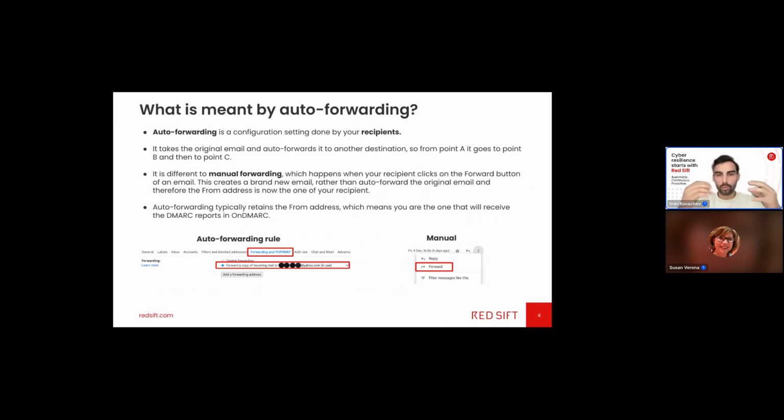This rule automatically picks up the original email that you receive and forwards it to another destination. That doesn't create a brand new message. It simply auto forwards the original one, and it retains the from address of the original email on its way to the final destination. This is really where the difference lies between these two methods, and this difference is really important.